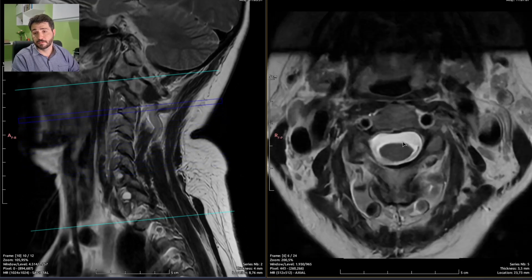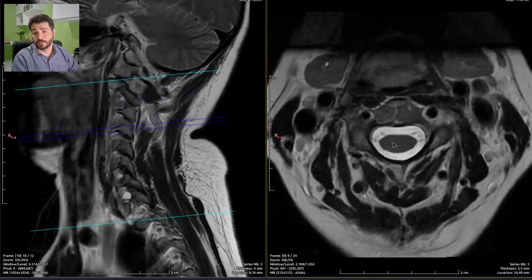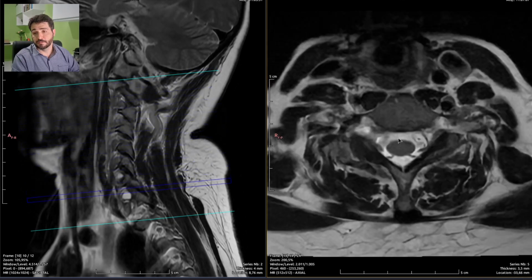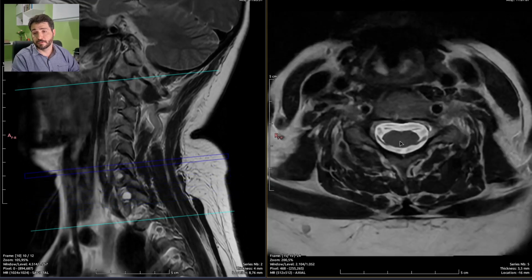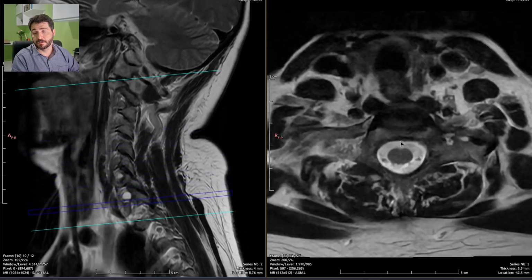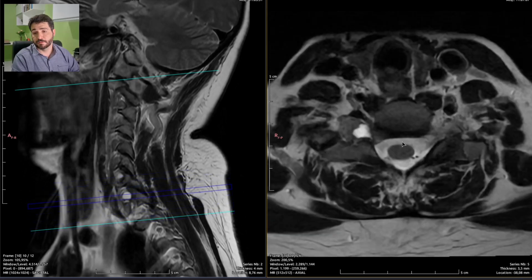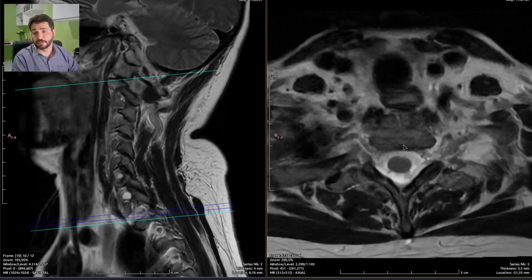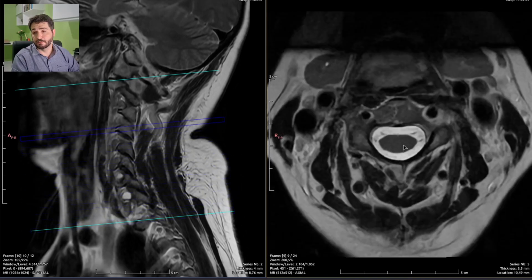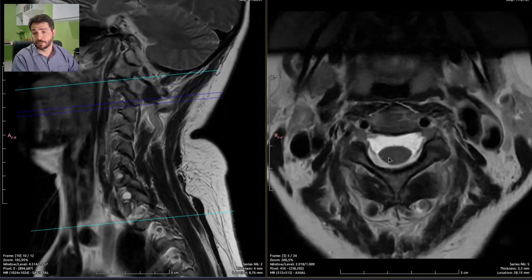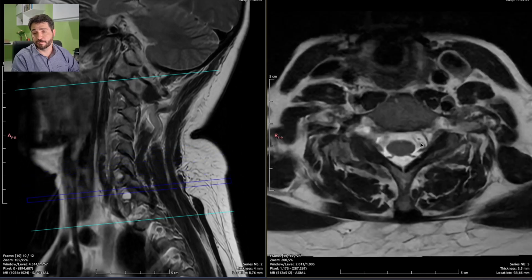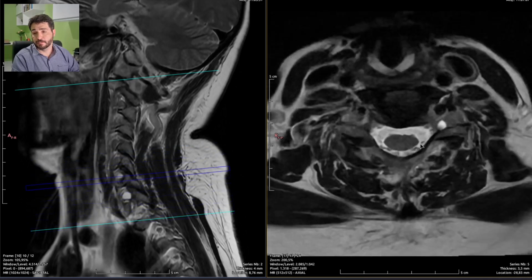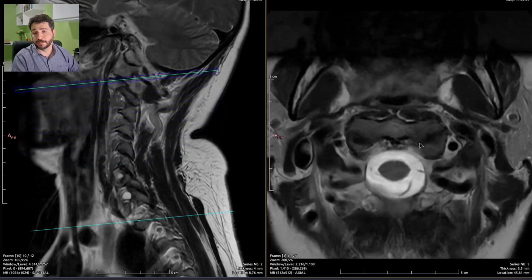Bilateral, just accumulation of spinal fluid inside small pouches of meninges that go through the neural foramina, accompanying, following the trajectory of the neural roots, the nerve roots. The nerve roots are also fine, beautiful, and homogeneous, which is great.